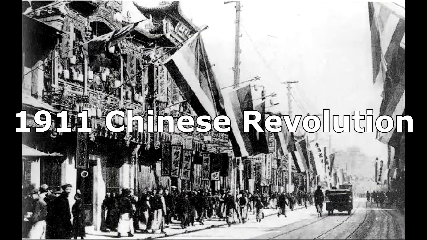Now, the story starts in 1911. There was a revolution which would overthrow the Qing dynasty, China's last imperial dynasty. Now, China had been in a very bad state for a long time.